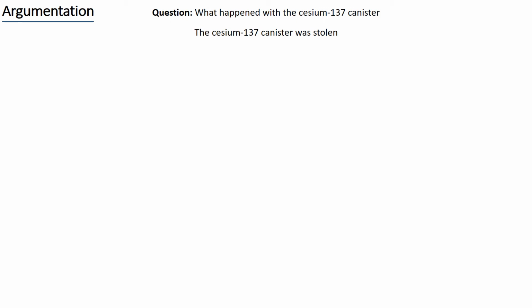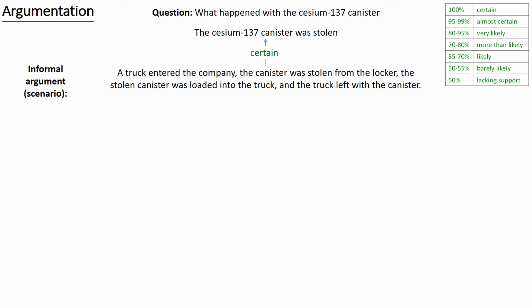There is also a guard report indicating that a panel truck was in the parking area one day before discovering that the canister was missing. This suggests the following scenario. A truck entered the company, the canister was stolen from the locker, the stolen canister was loaded into the truck, and the truck left with the canister.